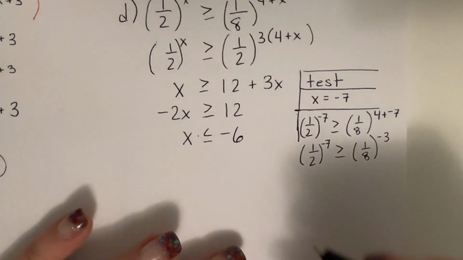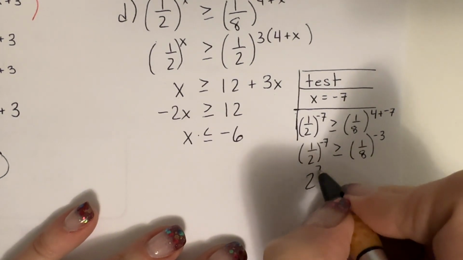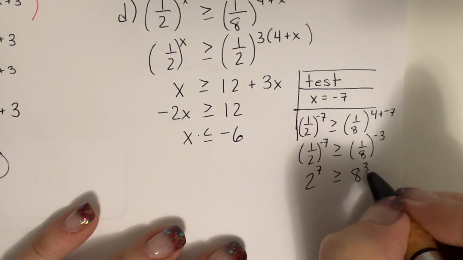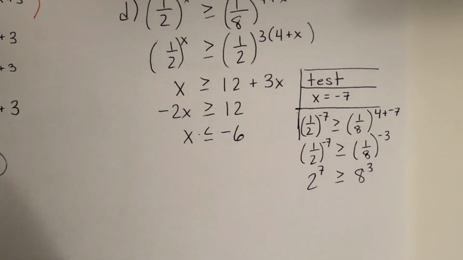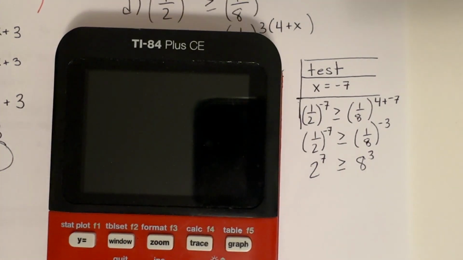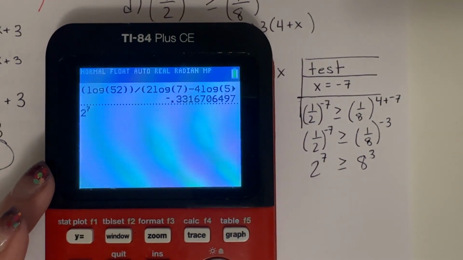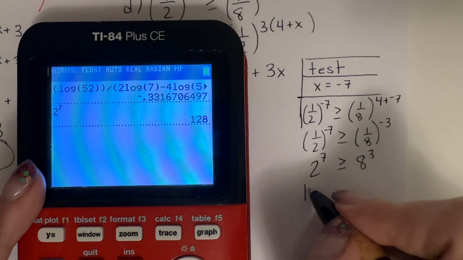Okay, so that means 2 to the 7th is supposed to be greater than or equal to 8 to the 3rd. All right, so maybe you don't know what that is. So this is where you call in your non-graphing calculator. You say 2 to the 7th. All right, that's 128.